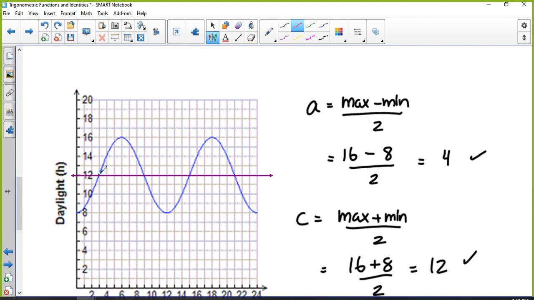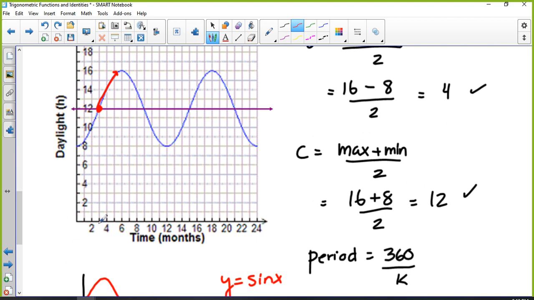So I see that point right here. That's a mean value point that then increases up to its maximum. So that point represents a phase shift of 3 months to the right, or 3 to the right.